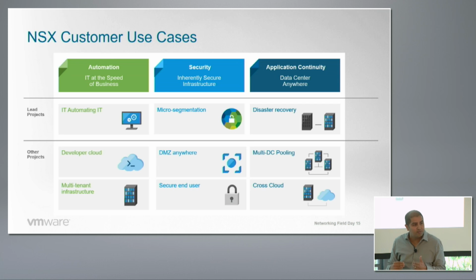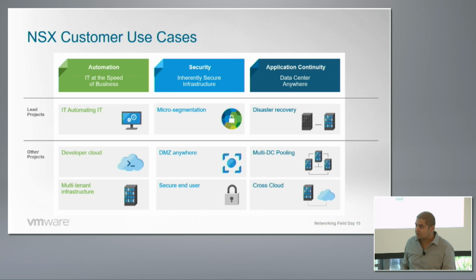So not just at the perimeter, but within the data center. And that's really the art of the possible. And we are starting to see customers, as they do greenfield deployments, starting to think about that construct. You don't know where the user is coming from. Why not apply that DMZ-like construct closest to the application? And that's where the art of the possible could be.